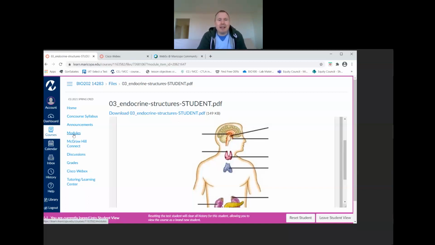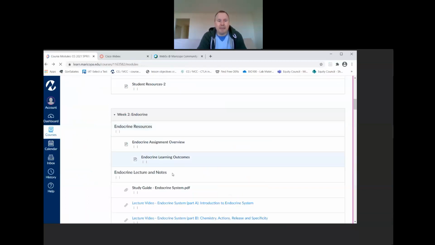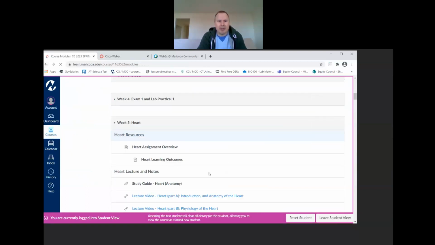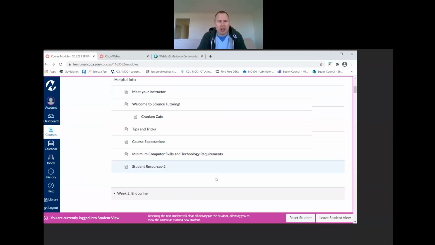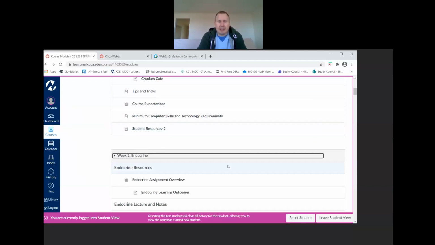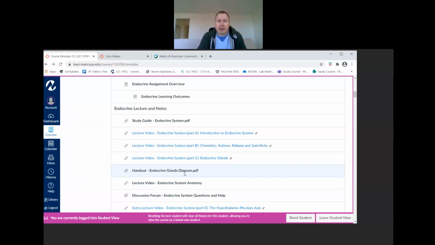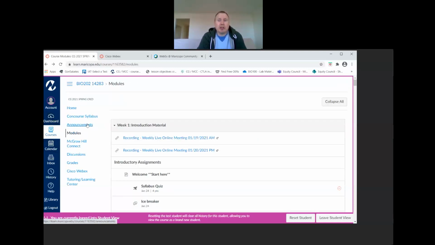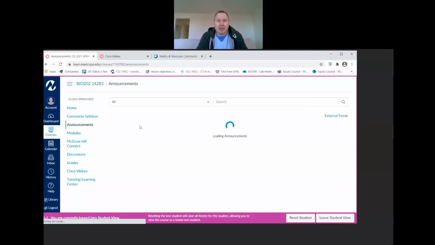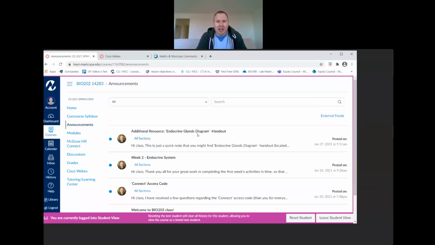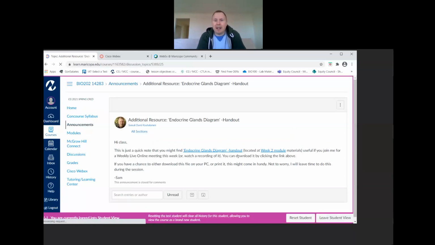You'll find this diagram that I showed you within the weekly material, under the heading handout endocrine glands diagram. We'll use it a little later. If you were really observant, you might also see that I just this morning posted an announcement that might come in handy for this session.